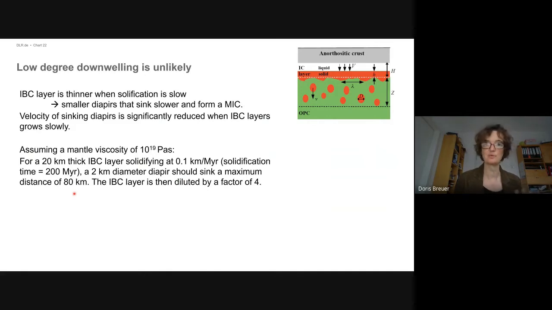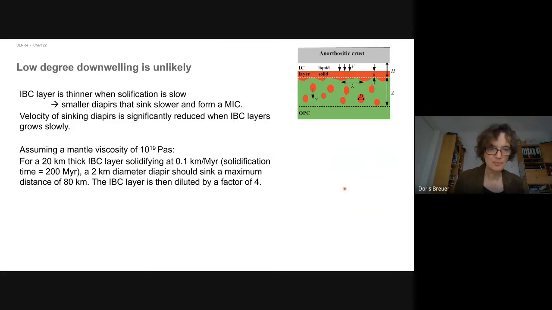So in principle, for this specific scenario you could generate an 80 kilometer thick IBC layer, which is diluted but still sufficiently dense to then have a low degree downwelling.